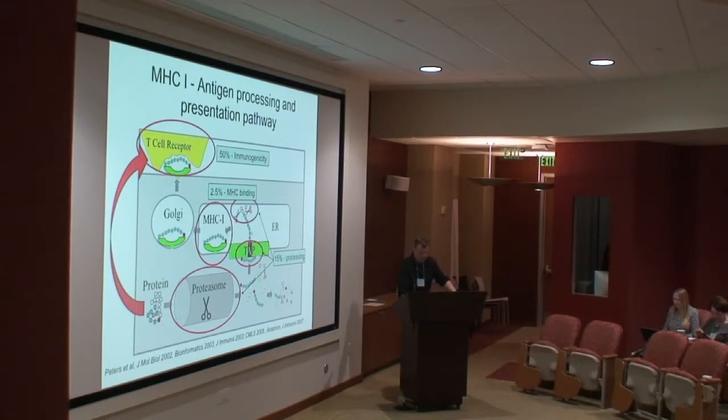Yeah. So the other thing is, if you have a mutation outside of the epitope itself, it's pretty clear, right? If you have a residue that's not part of the epitope, but it's inhibiting proteasomal cleavage, that's really clear.